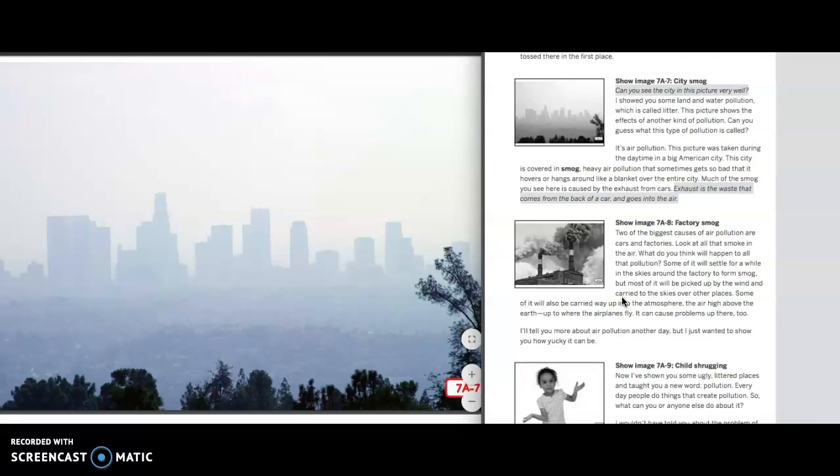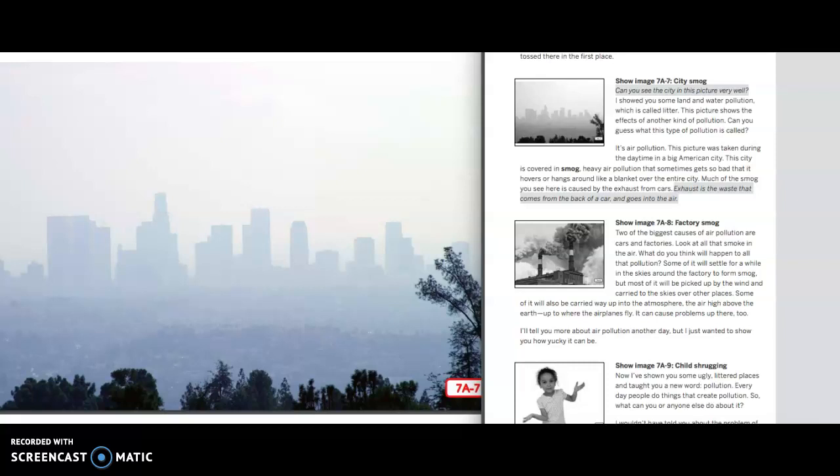I showed you some land and water pollution, which is called litter. This picture shows the effects of another kind of pollution. Can you guess what this type of pollution is called? It's air pollution. This picture was taken during the daytime in a big American city.